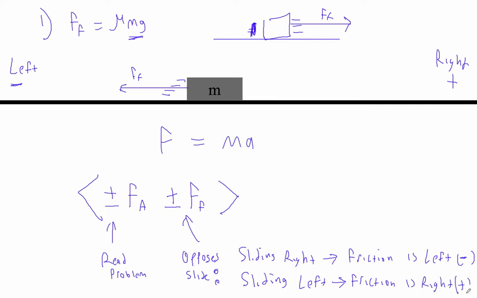And you're going to make it positive, okay? You got to do it. You got to think about it. The applied force is either to the right or the left. The friction force is either to the right or the left. And it's always opposite the sliding direction. So just read the problem, right? And then this equals m times plus or minus a.